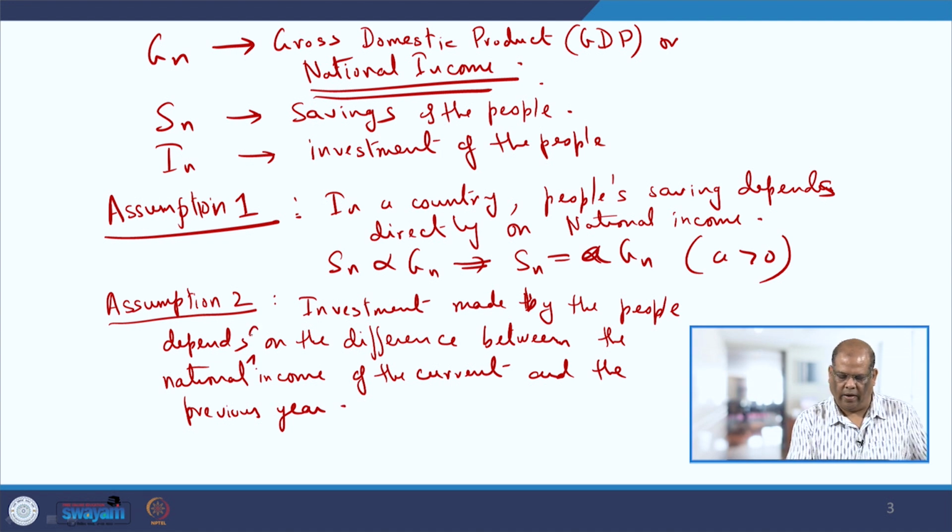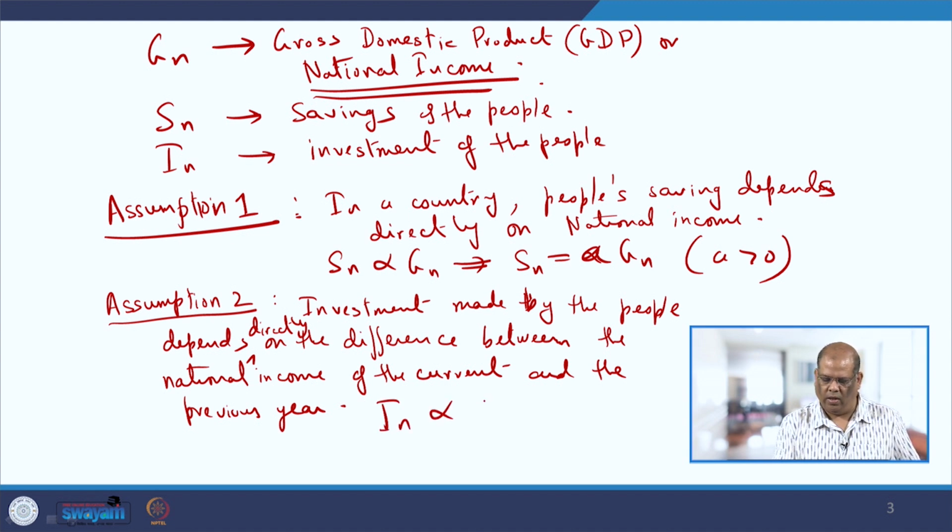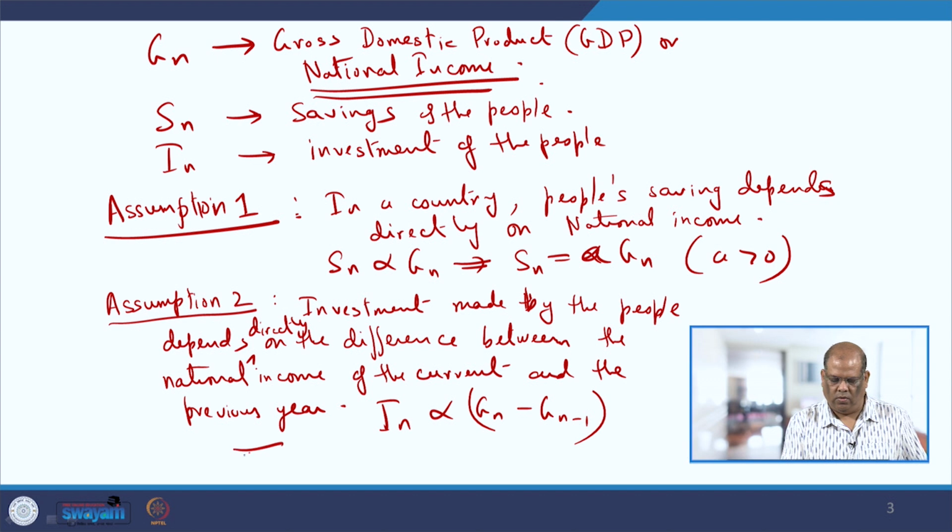Again, depends directly. So, your investment will depend directly on the difference of the national income of the current year and the previous year. So, this will give you In is equal to B times Gn minus Gn minus 1.